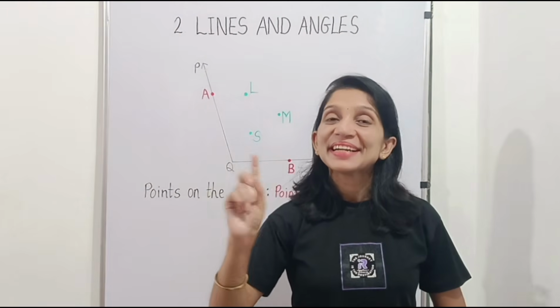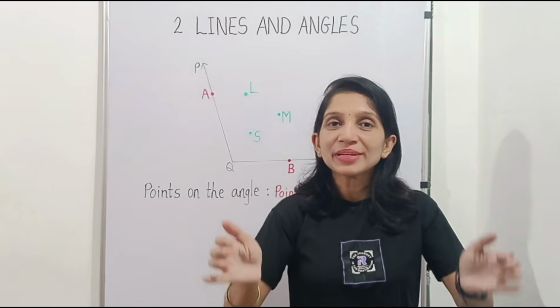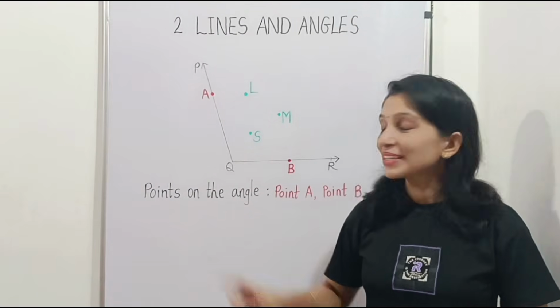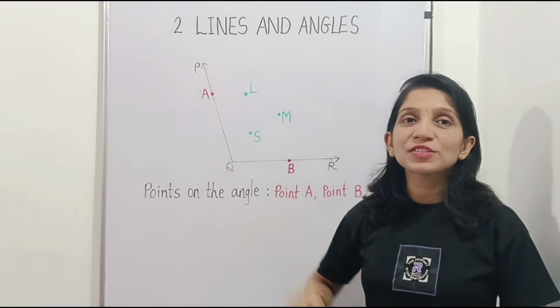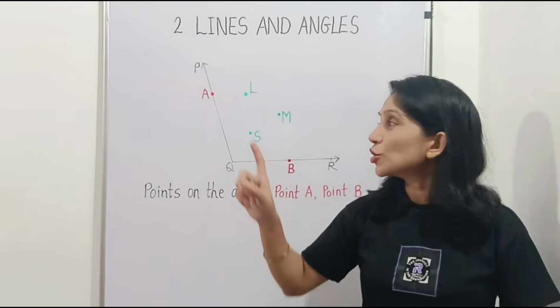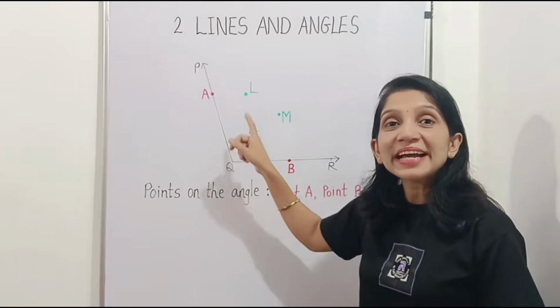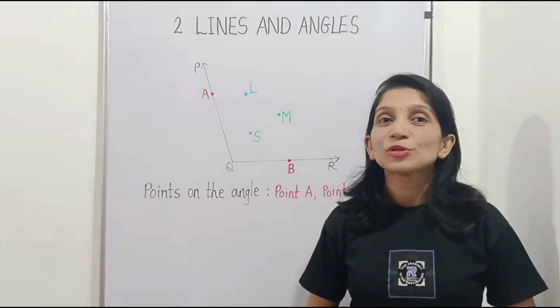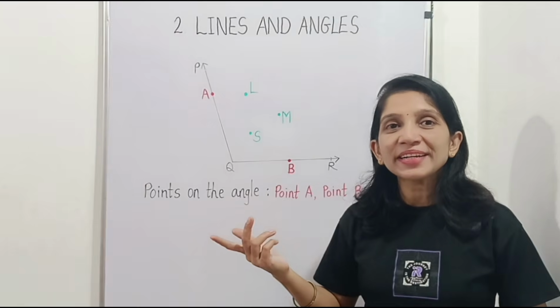Second zone is interior points. Interior means inside. Imagine this angle is our classroom. If a dot is sitting inside the class like students sitting in the class, we call them interior points.